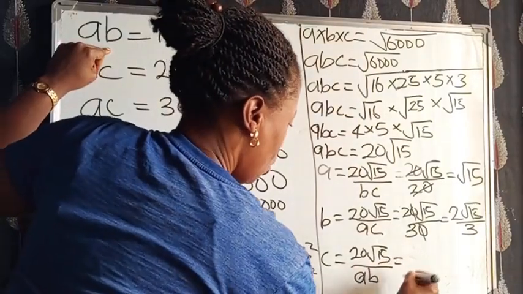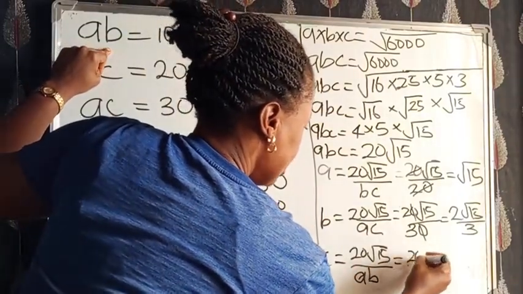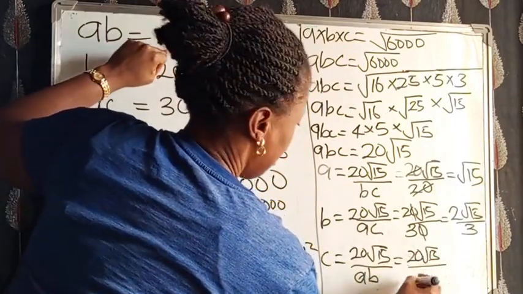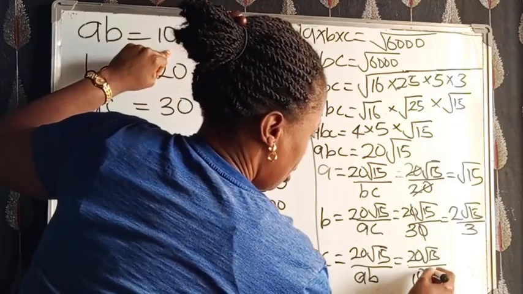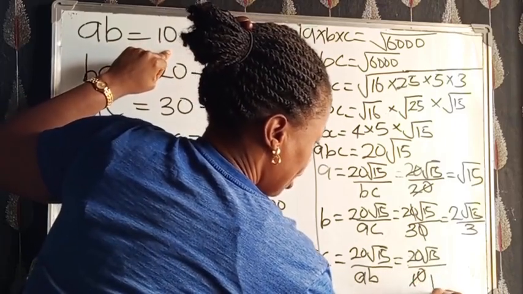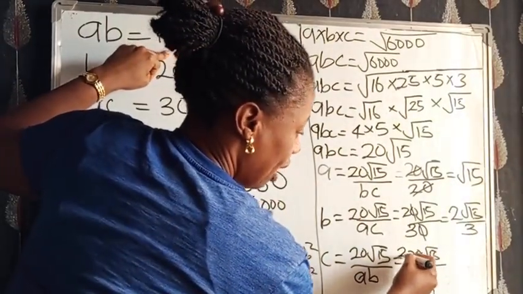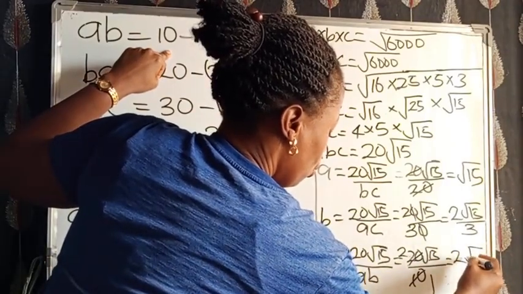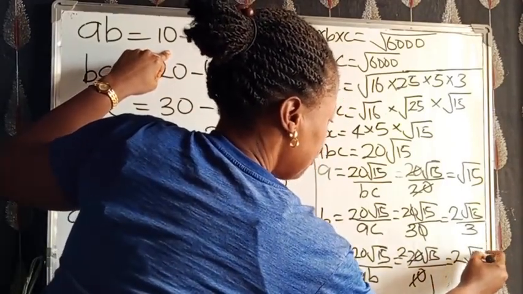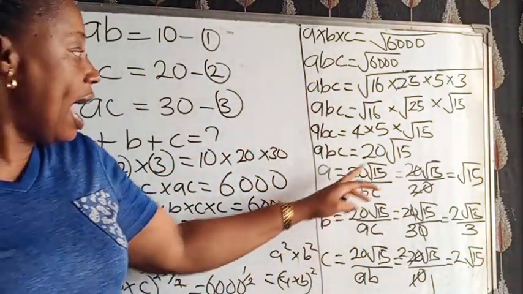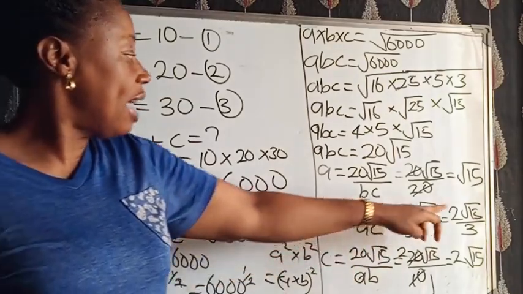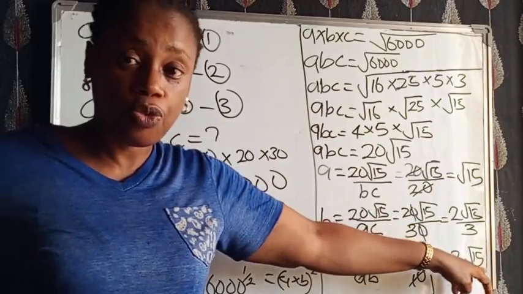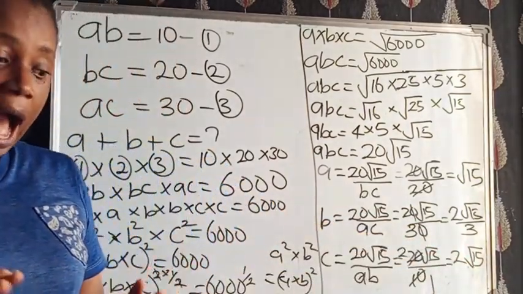So 20 root 15 all over 10. 20 divided by 10, we have 2. So C is 2 root 15. We've gotten A as root 15, B as 2 root 15 over 3, and then C as 2 root 15. So it's time for us to add them together.